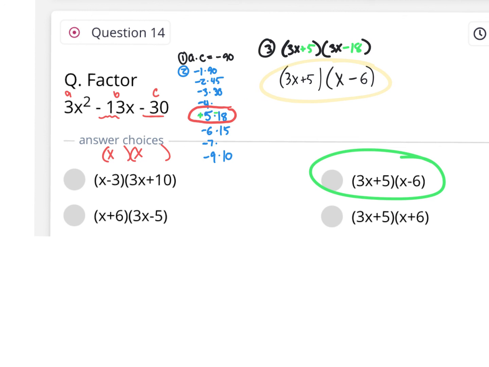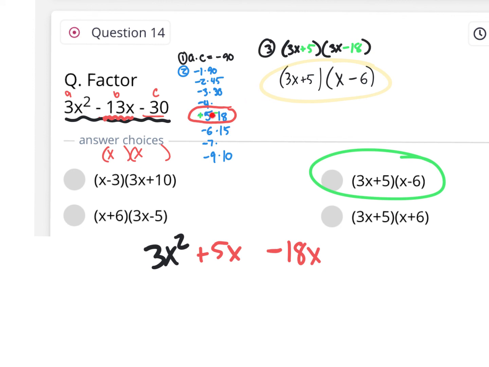And I did want to show you the other way. The original way I showed you was same step 1, get the negative 90, same step 2, get the positive 5 and the negative 18. Now, the original way I showed you was factoring by grouping. So I would rewrite my quadratic trinomial, 3x squared, but instead of minus 13x, I'm going to write plus 5x and then minus 18x, right?